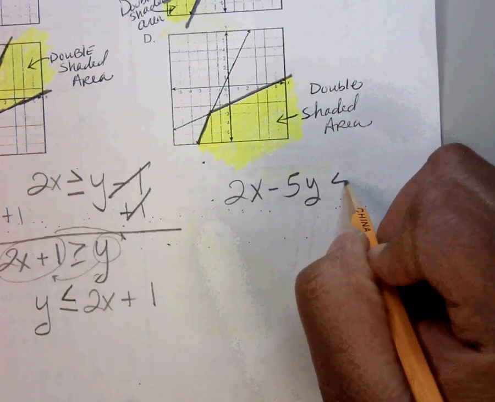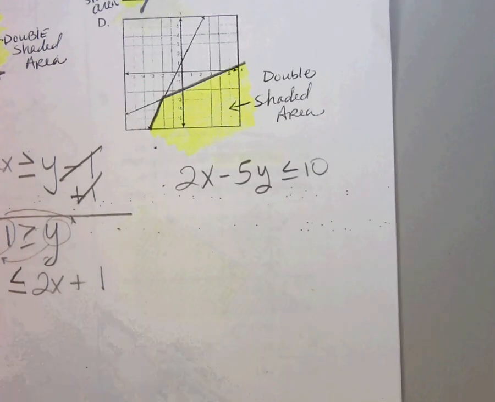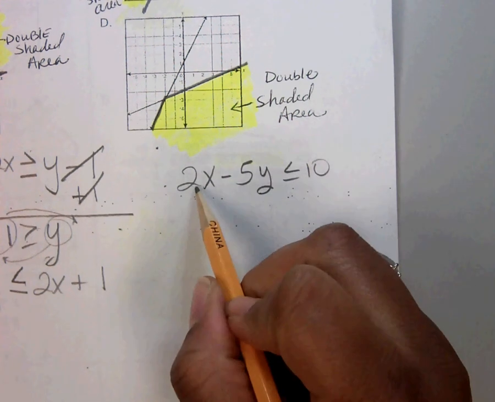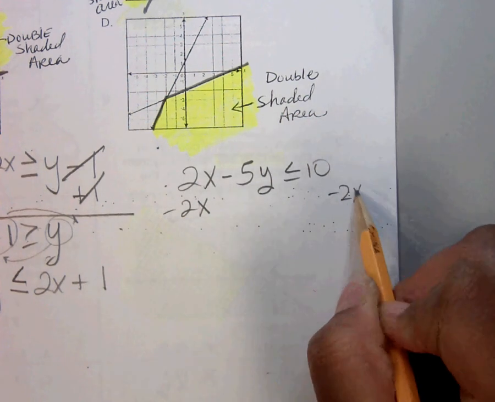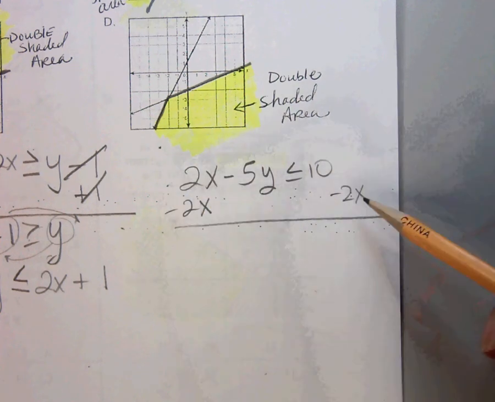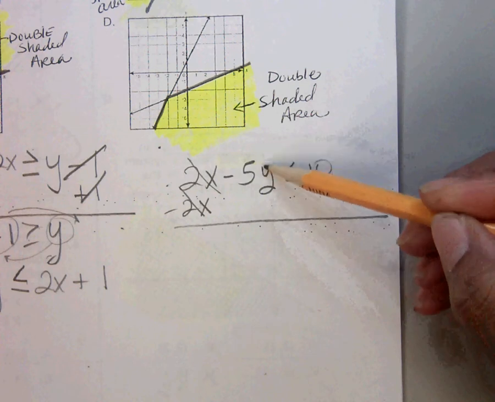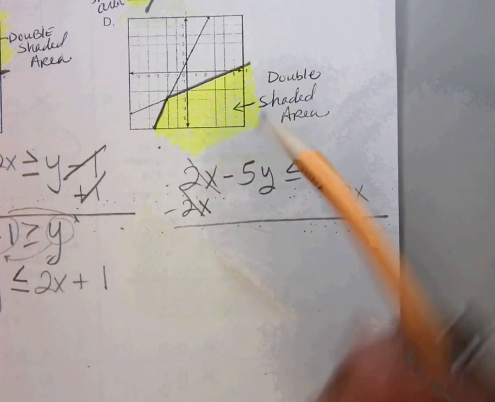Okay, now let's do the next one. This is a great example. Thank you so much, Miss Sarah Stevenson next door, for this worksheet. Now we are going to subtract 2x because he is positive, and this is the one we're used to seeing. My y is on this side, so I'm moving things away from the y to the other side.